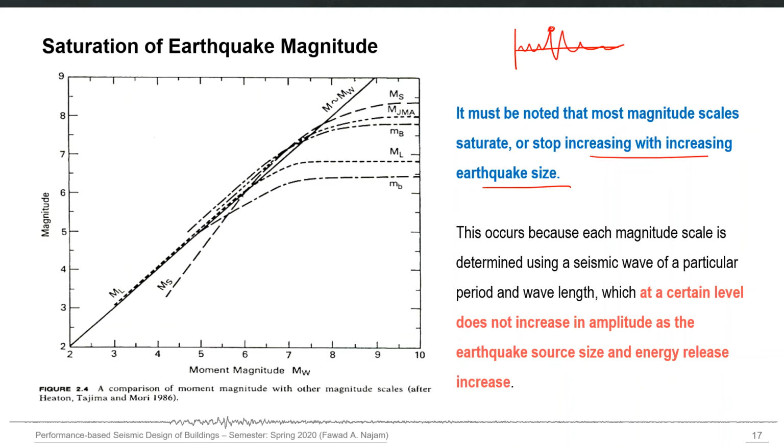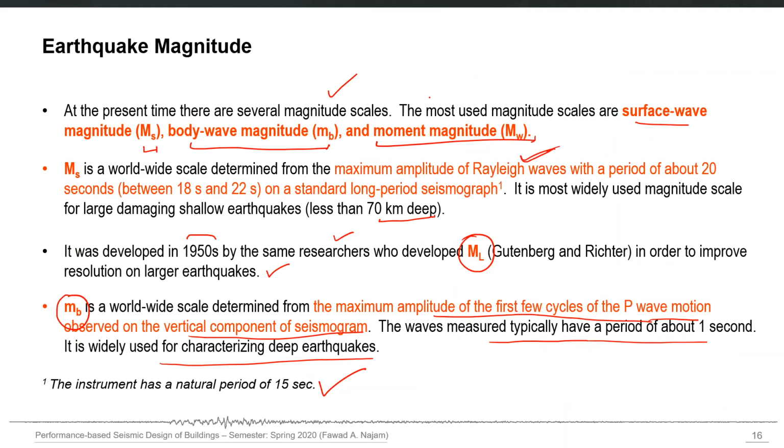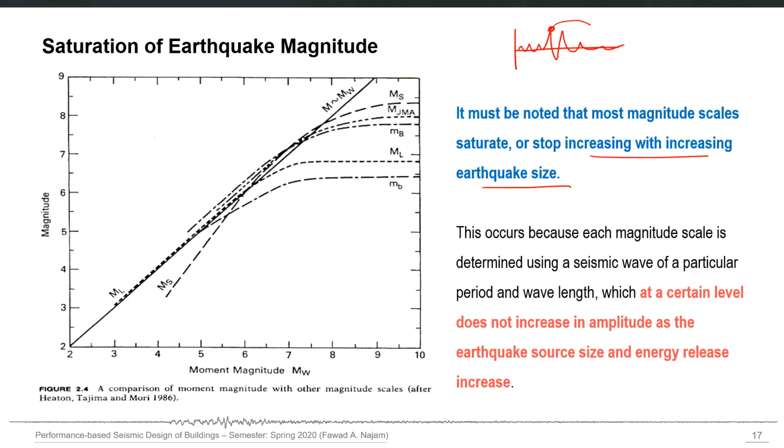If you convert it into micrometers and take the log base 10, you get the magnitude. Some scales like the body wave magnitude scale are based on some other definition, but still use the instrumental record. Similarly, MS is based on Rayleigh waves, and it also uses the same record, but only considers Rayleigh waves and bases its definition on that.